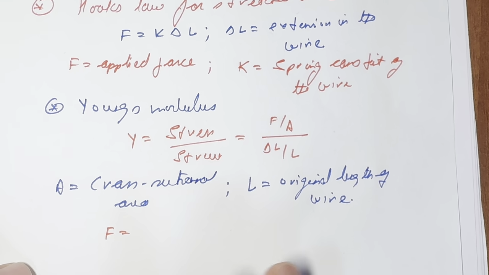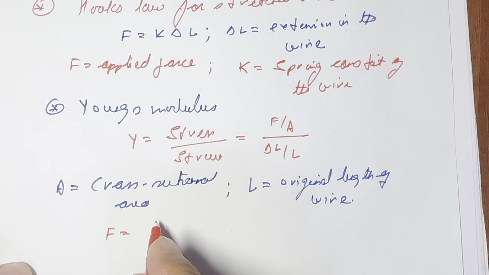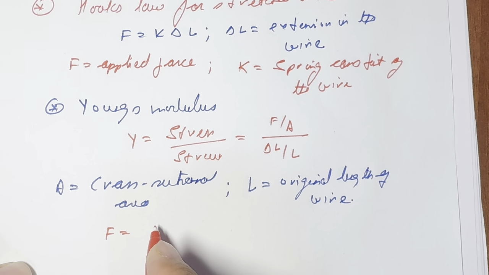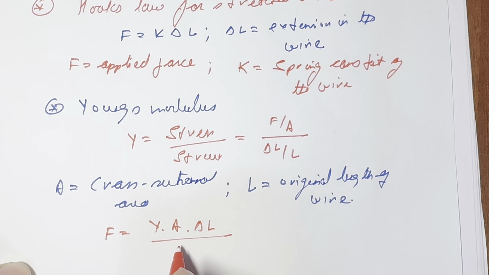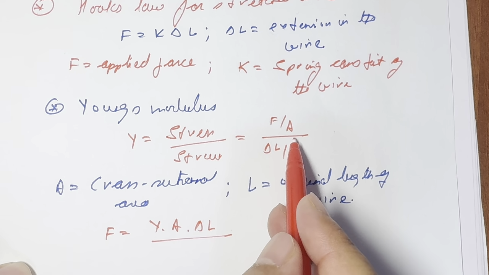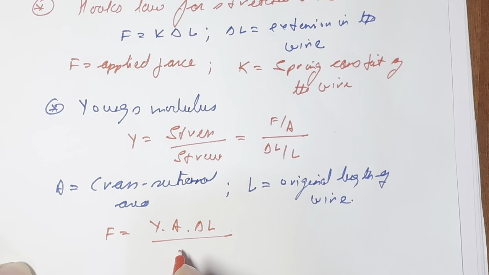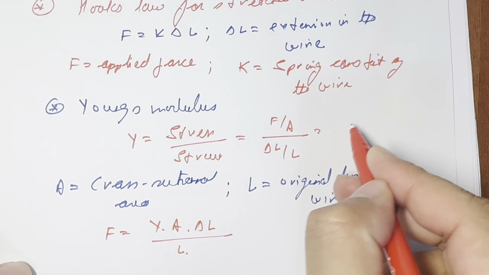So we can see F is equal to Y multiplied by A multiplied by delta L and divided by A into L. Okay, let me sort it out first.